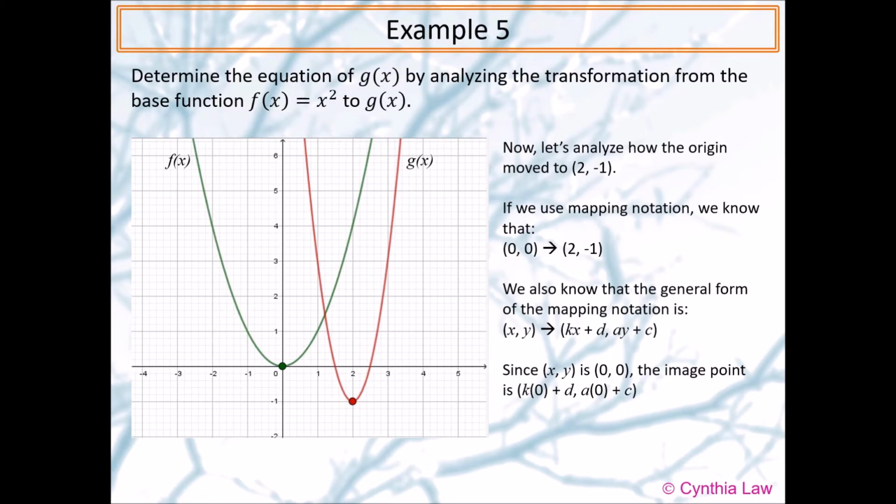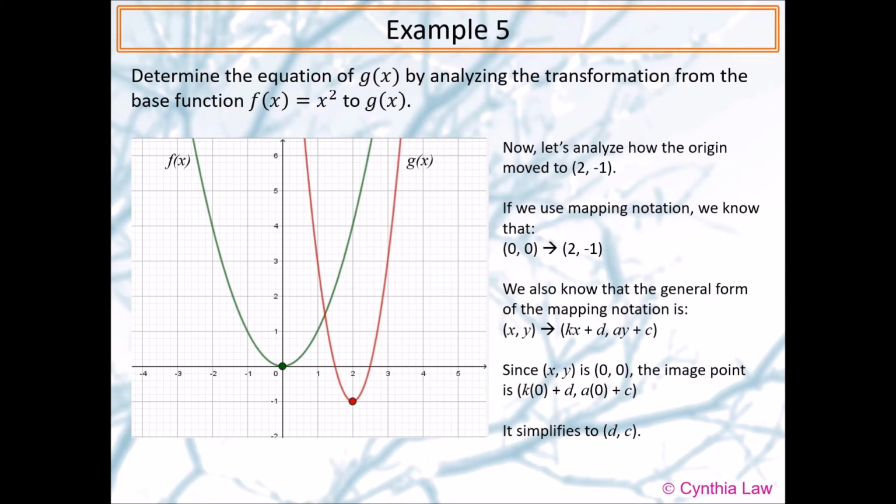So notice that the vertical and horizontal stretch or compression doesn't play a factor in how the origin is transformed because it's 0. So when we simplify, our new vertex is going to be d, c. Remember that d represents the horizontal translation, c represents the vertical translation.